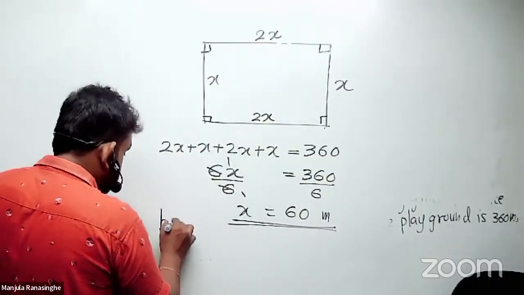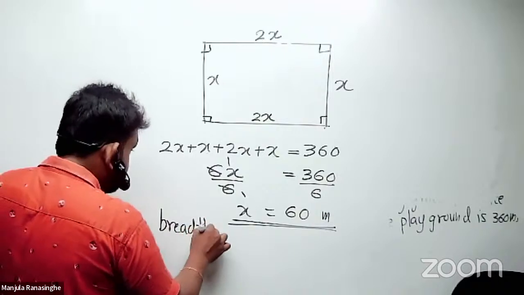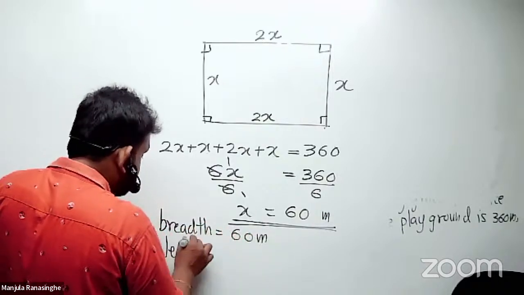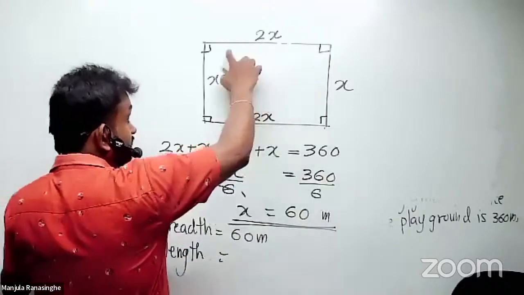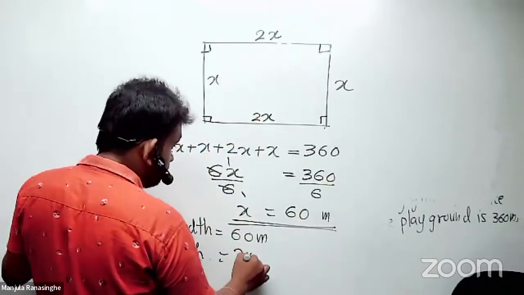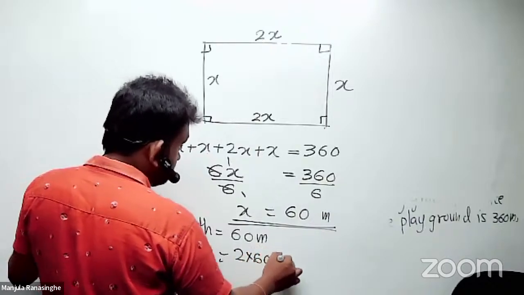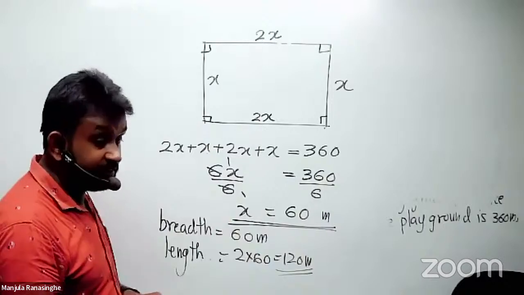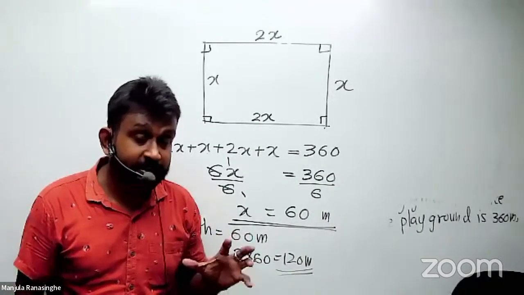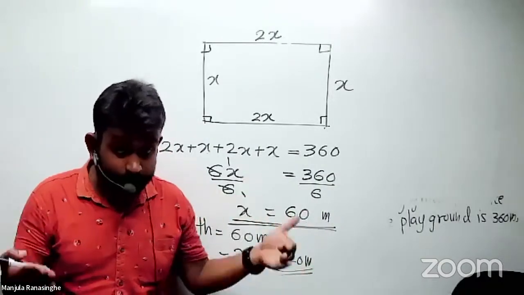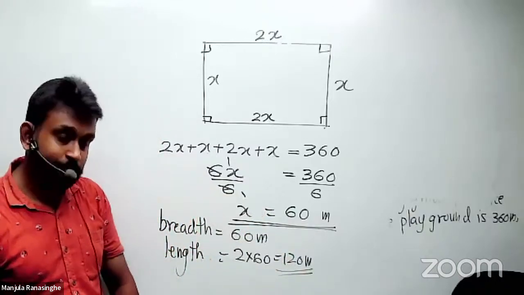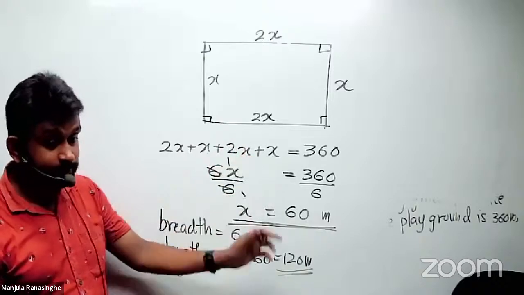The breadth is x, 60 meters. The length is twice the breadth, 2 into x, and x is 60. So that gives 120 meters. This is the formal way of doing it, but I will explain the shortest, easiest way, though the concept is similar.